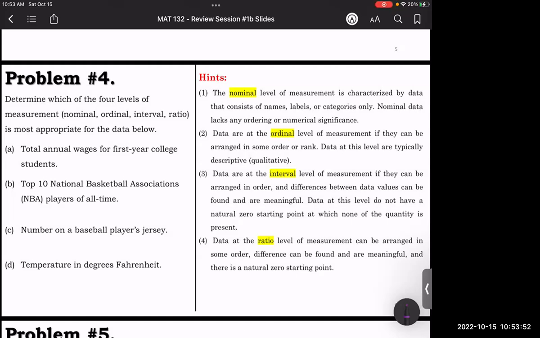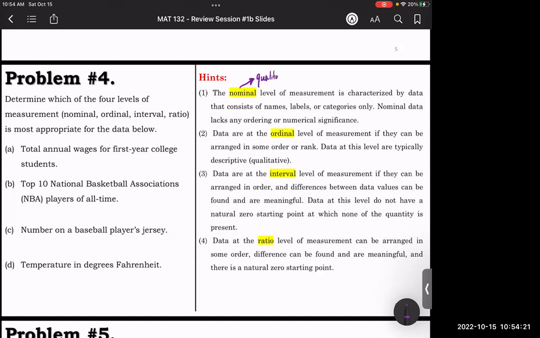nominal. So the nominal level of measurement is characterized by data that consist of names, labels, or categories. Nominal data lacks any ordering or numerical significance. So data at this level, is it quantitative or qualitative? Qualitative. Yeah, it's definitely qualitative.